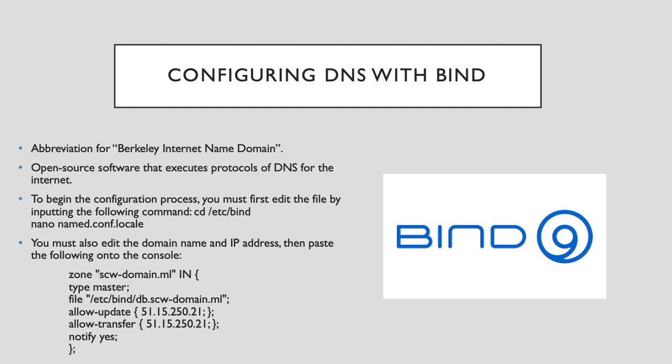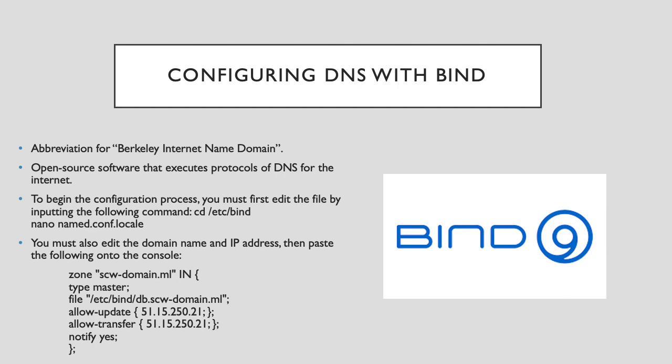To begin the configuration process, you must first edit the file by inputting the following command: cd /etc/bind, then nano named.conf.local.